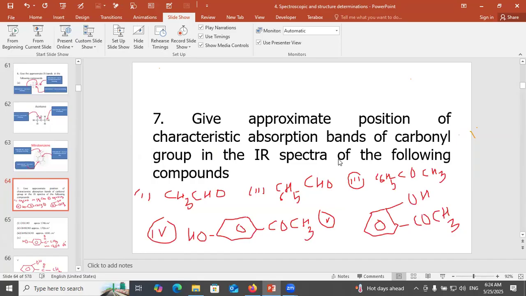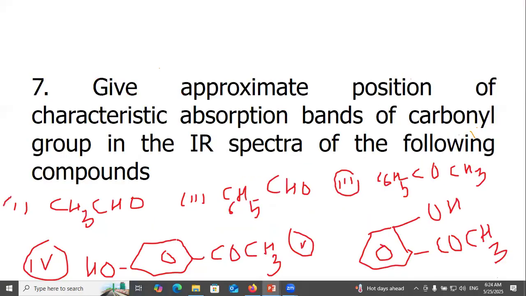Give the approximate position of characteristic absorption bands of the carbonyl group in the IR spectra of the following compounds: compound 1, compound 2, third, fourth, fifth.